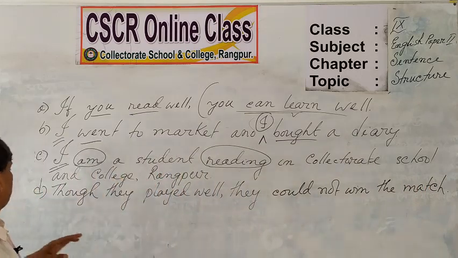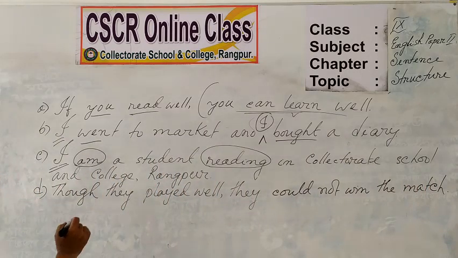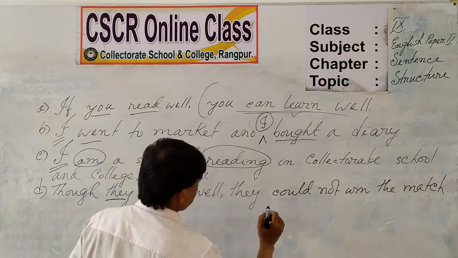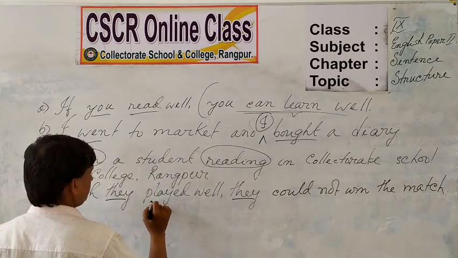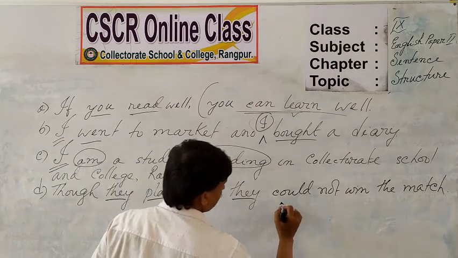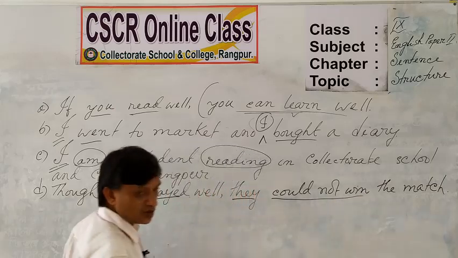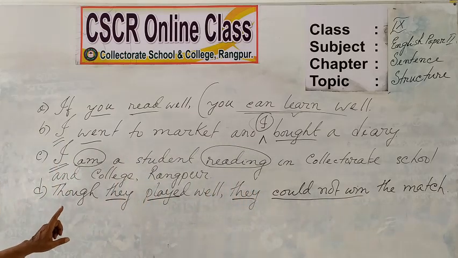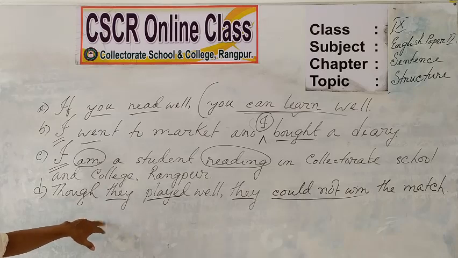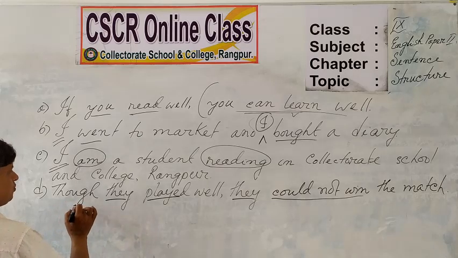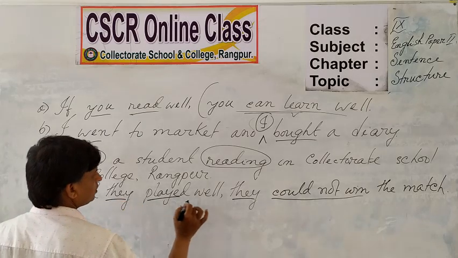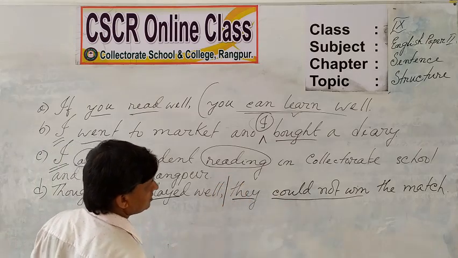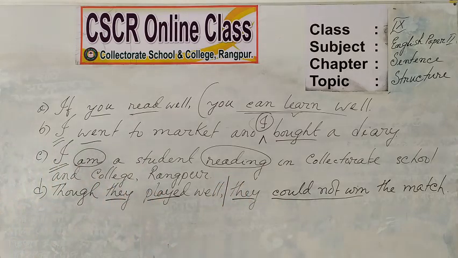Dear students, the first subject is they, the second subject is also they, the first finite verb is played and the second finite verb is could not win. As there are two subjects and two finite verbs, that means two parts. First part, though they played well. Second part, they could not win the match.